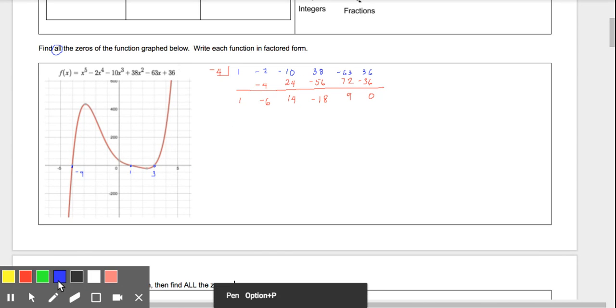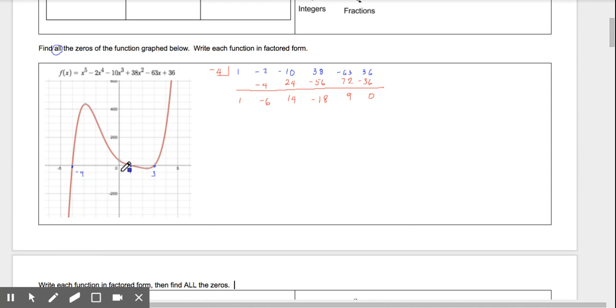Now we are going to look for the next zero in the graph, which is 1. So we can put here 1. It doesn't have to be in this order. You can start with 3, 1, -4, or 1, any order. We can do this in any order. So we bring down 1. 1 times 1 is 1.